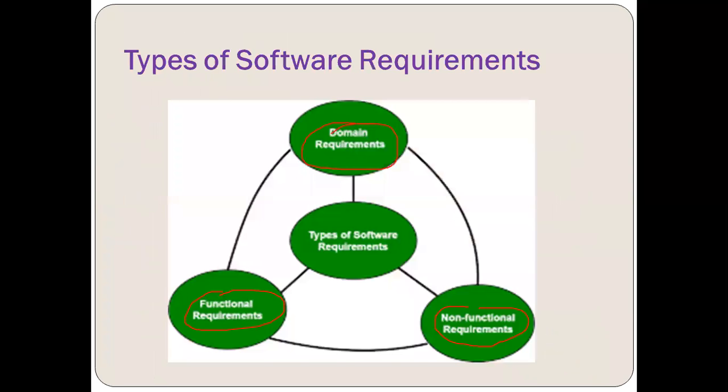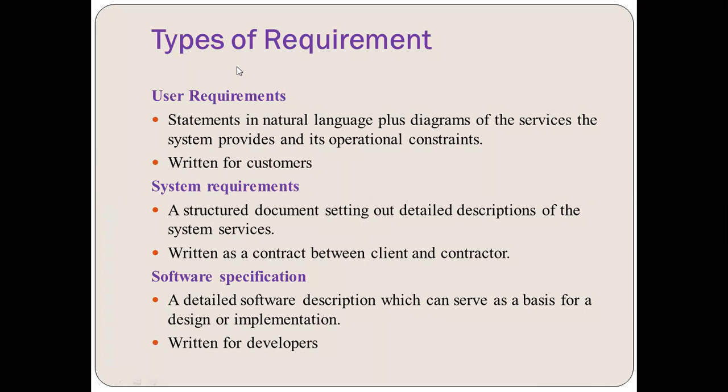Now, one more thing: we have one more parameter on the basis of which we define requirements. What are those? Those are user requirements, system requirements, and software requirements. Now, what are user requirements? These are statements given in natural language, because the customers or the users are not using a high level language.